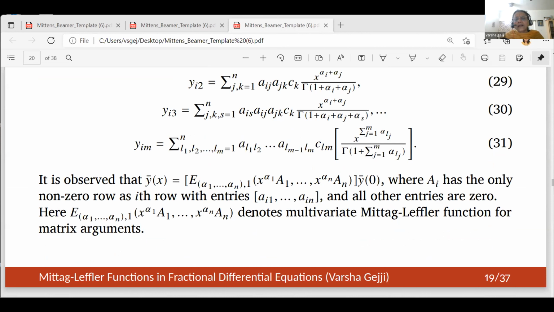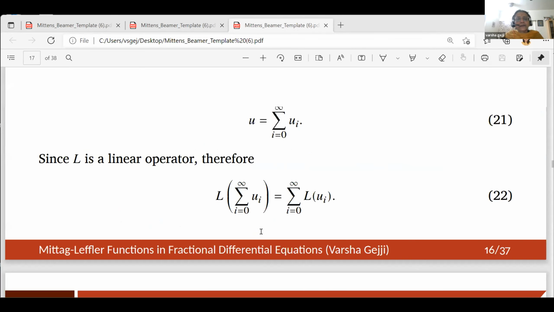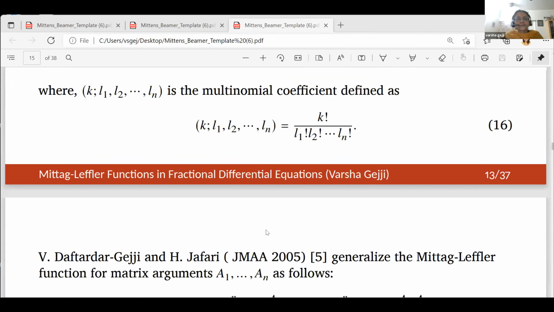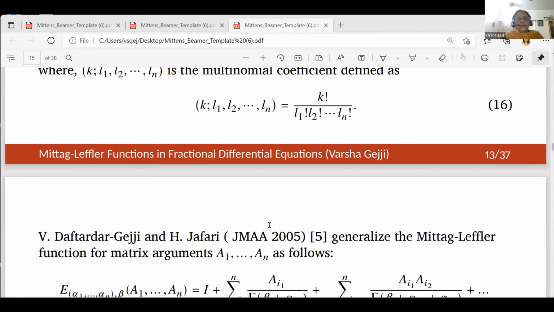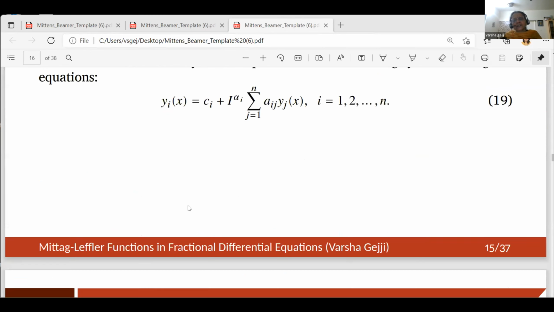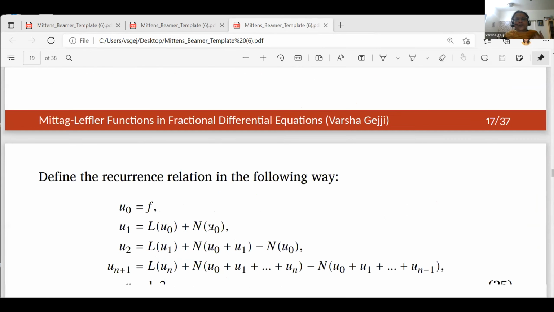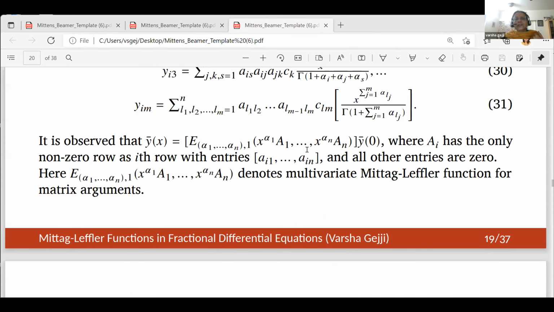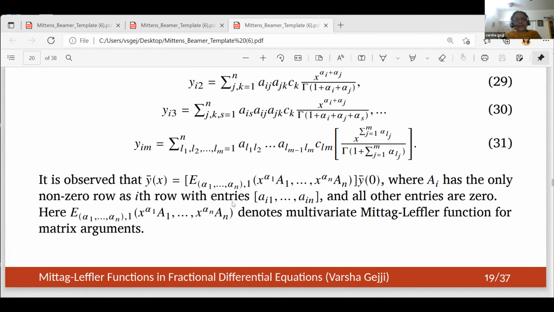So a1 is obtained by considering this matrix a. So a1 is: consider the first row, put all other rows zero. A2 is: take only the second row, put all other rows 0. So that is the way. So this a1, a2, an, where ai is the only non-zero row, and the ith row is ai1, ai2, ain. And so this is the very interesting solution which is obtained by the decomposition method.